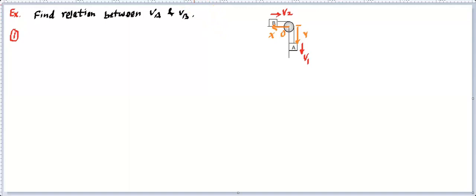So can we say from this that the length of the string, which is going to be this and passing over this, now if we choose origin over here, so this part of the string will remain constant no matter what the location or the time is. So we can say from here a constraint relation like this, that x plus y must be equal to constant.